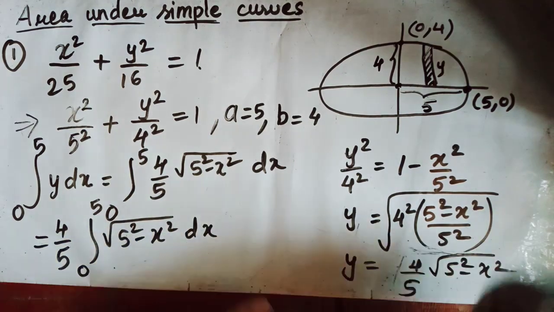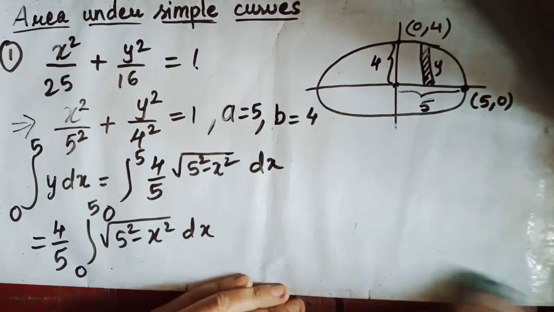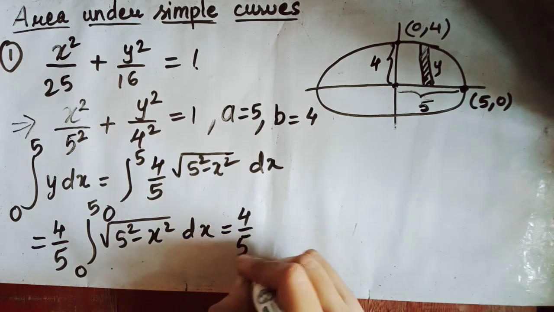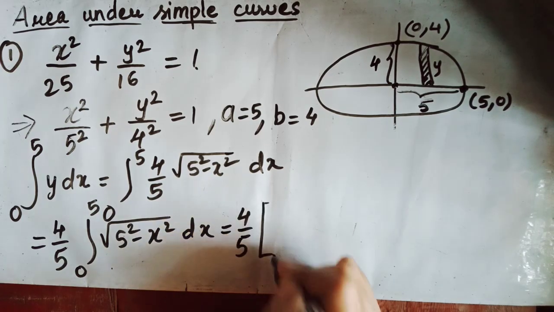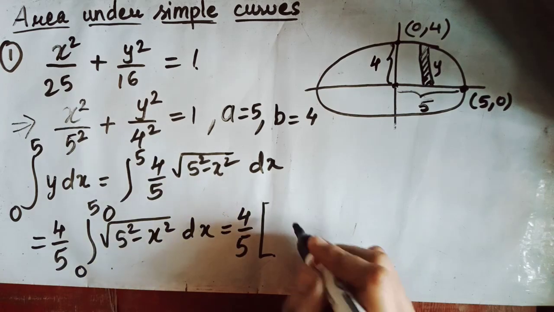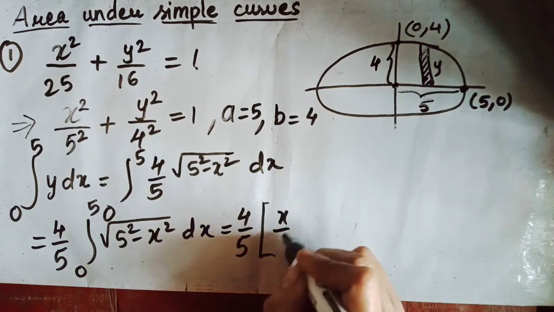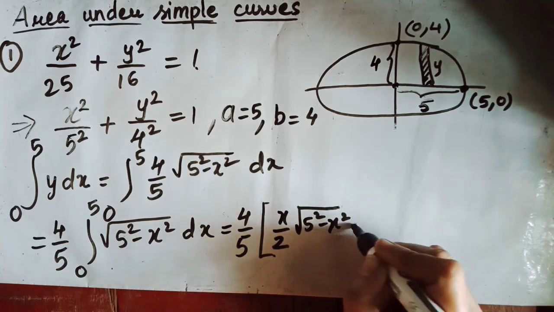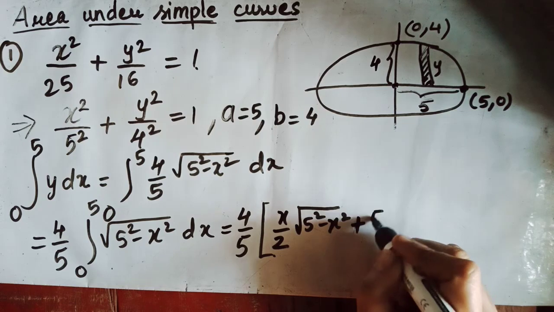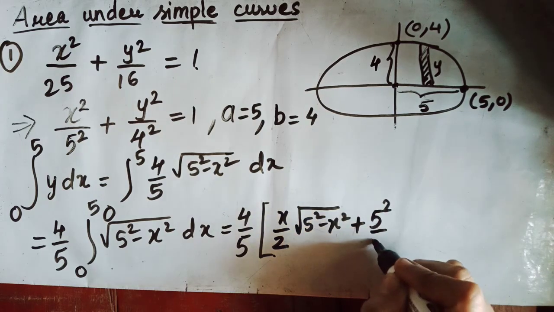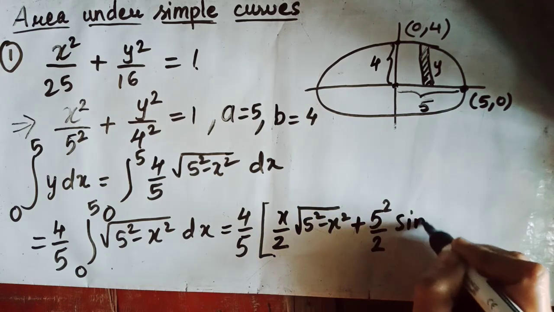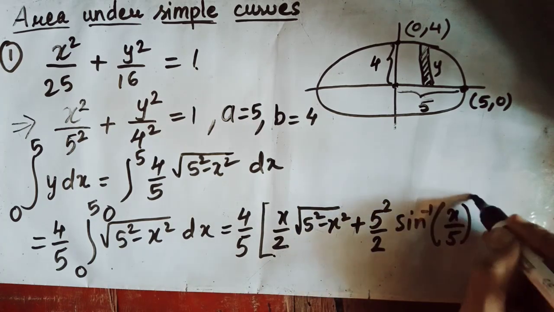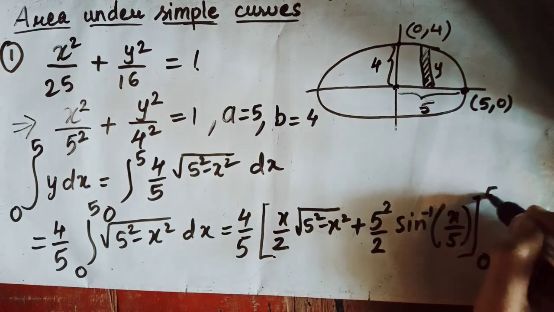Now you have to use the standard result for root of a square minus x square. This we have seen, and I will write it again: x by 2 root of 5 square minus x square plus a square upon 2 sine inverse x by a, where a is 5. Now the limits 0 to 5.